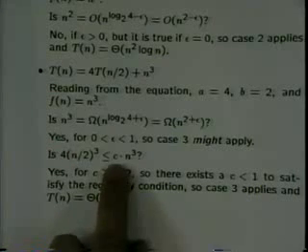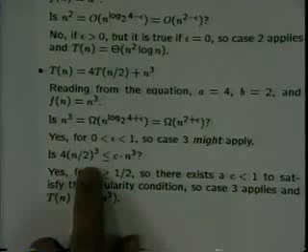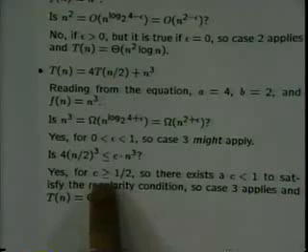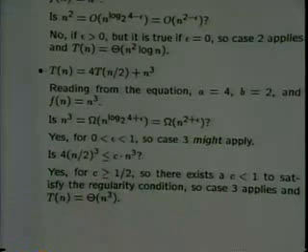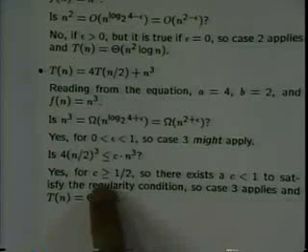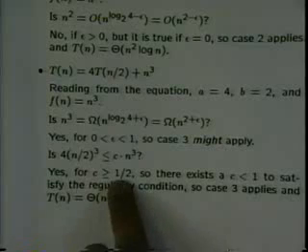We plug in: n over 2 cubed is n cubed over 8. n cubed over 8 times 4 is n cubed over 2. Is there a value of c such that 1/2 n cubed is less than or equal to c times n cubed? So long as that constant is greater than 1/2, this expression will be true. The condition says if there's a constant less than 1 such that that is true, then case 3 applies.